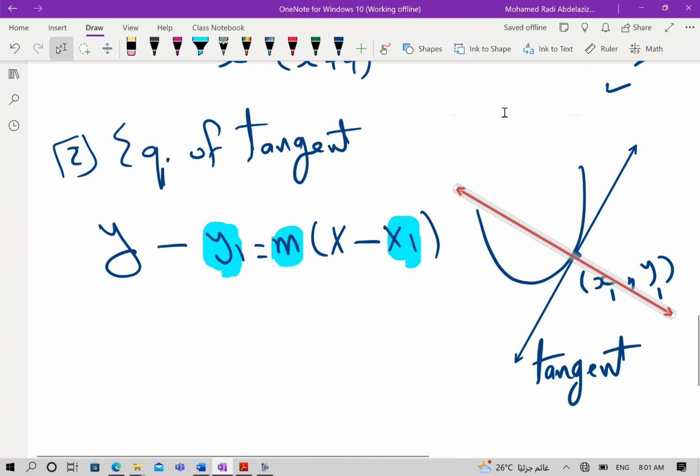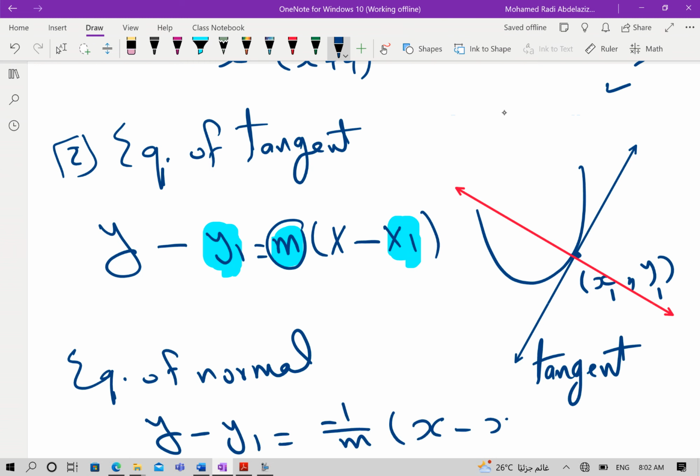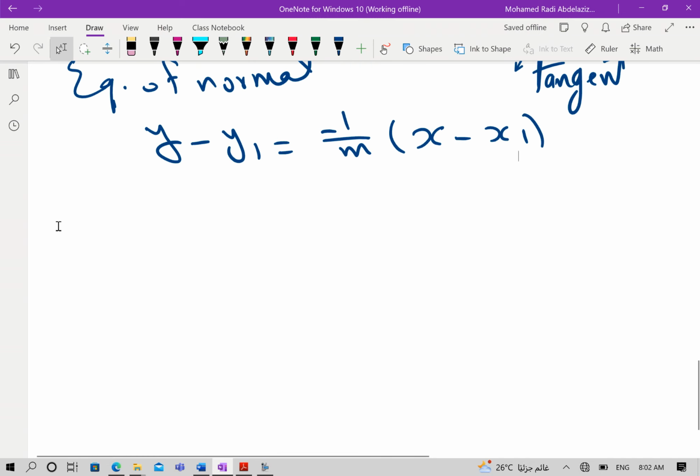The difference between tangent and normal is that the gradient is the negative reciprocal, since the two lines are perpendicular. So the equation of the normal will be y minus y1 equals -1 over m times x minus x1. This is the equation of the tangent and the equation of the normal.